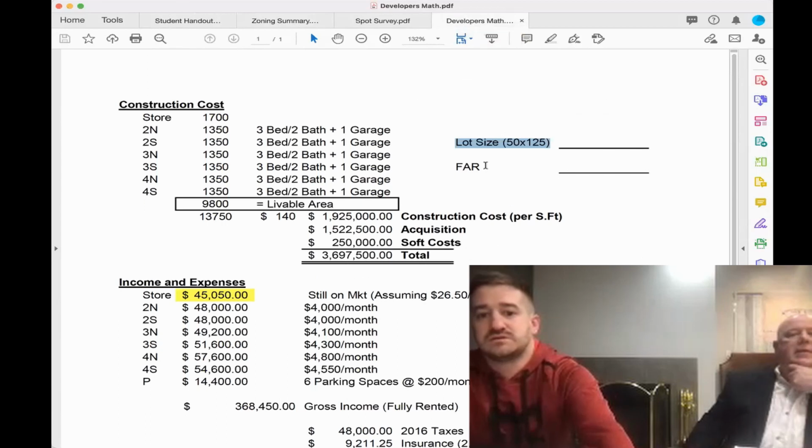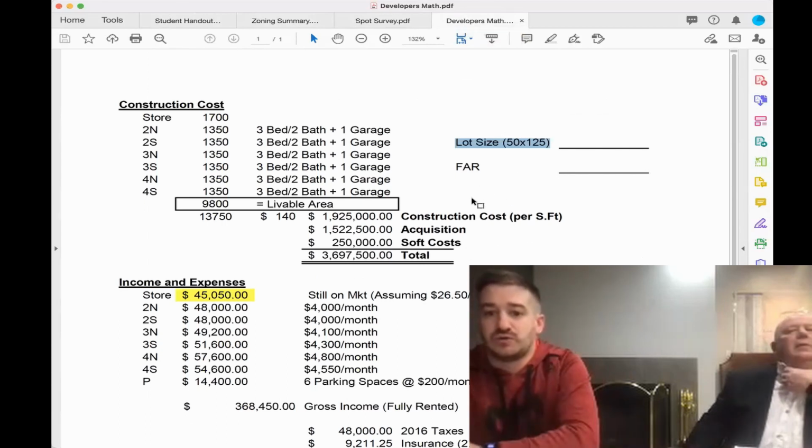No, that's the MLA. So before we get to how many units you can build, the FAR of 2.2 dictates the building's total square footage. So how big of a building am I allowed to build? Hold on a second.